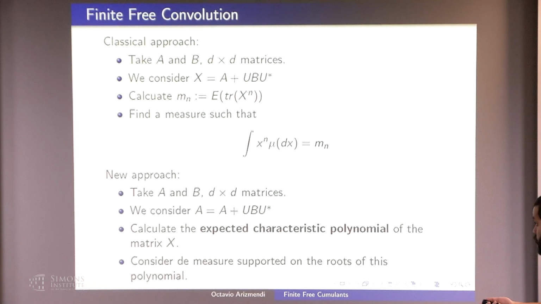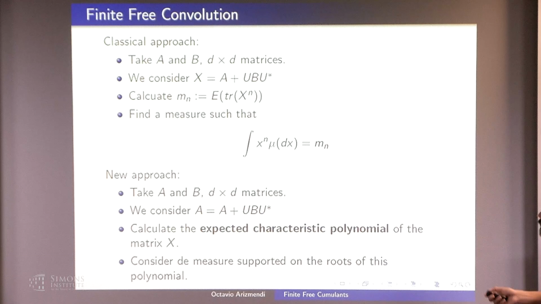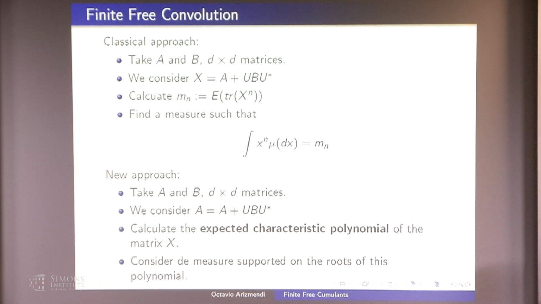The new approach is not to look at the distribution, but to look at the characteristic polynomial. I take exactly the same framework, but instead of the expected moments, I take the expected coefficients of the polynomial, which surprisingly gives another polynomial which is real rooted. This is one of the main results of MSS.